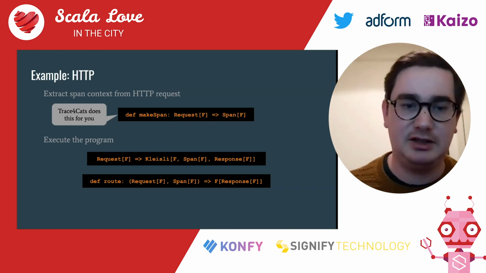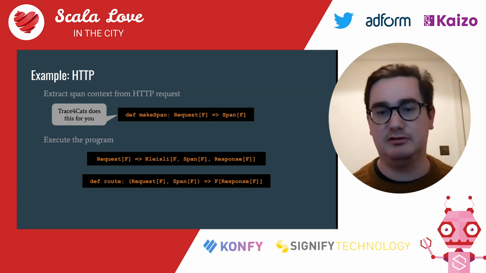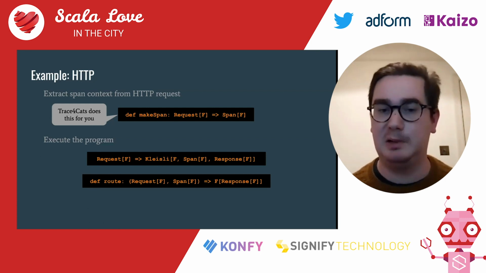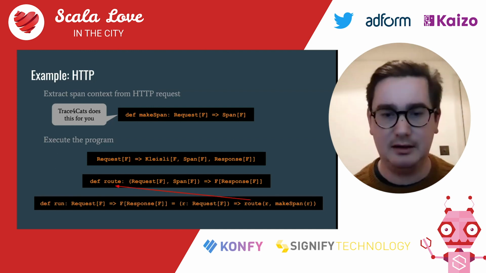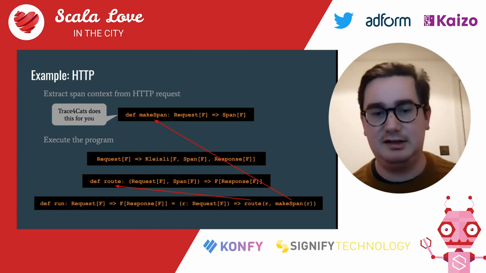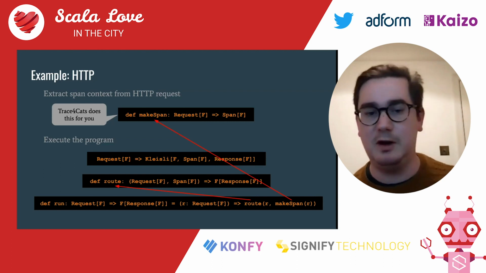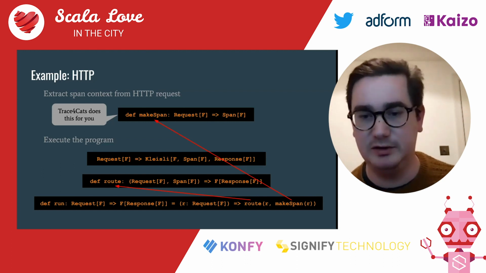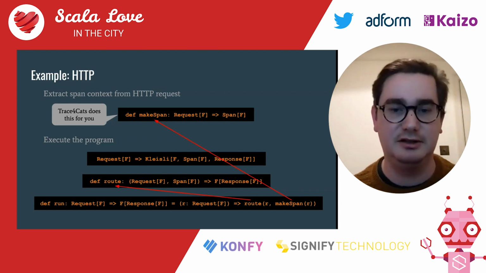So we can actually compose route and make span to give us a response, just a pure response. And here we go. So we've got route and make span here. And what this gives us is a function that goes from request to response, and fully executes.